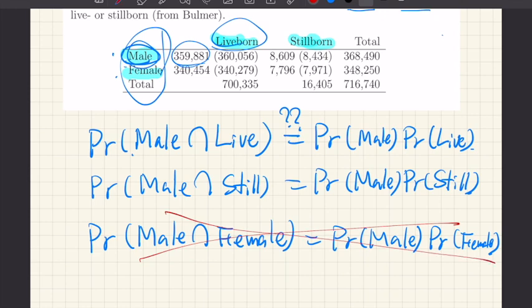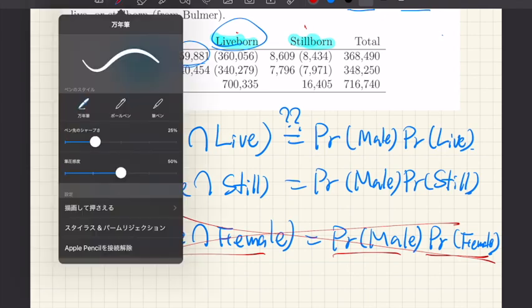It's always false. The right hand side is always non-zero, but the left hand side is always zero, of course. This doesn't make sense. Of course it's not independent, because if you are male you are not female, and vice versa. So that's not what we want to check here. We want to check whether live born or stillborn depends on the sex, male or female.